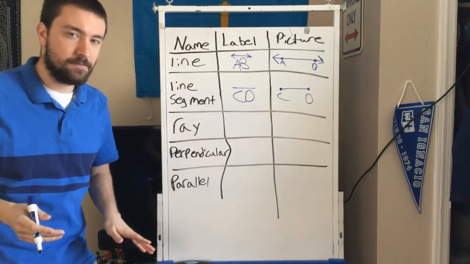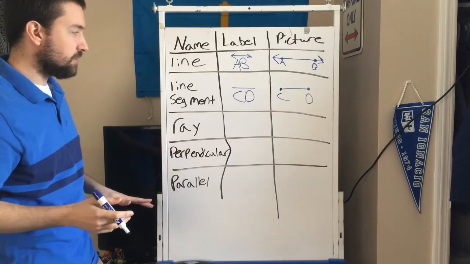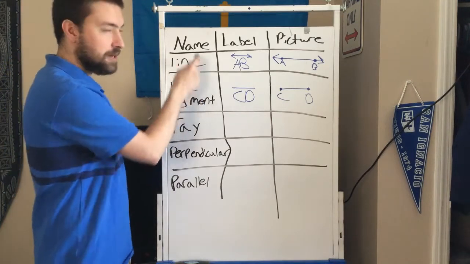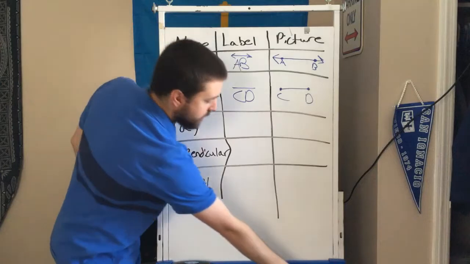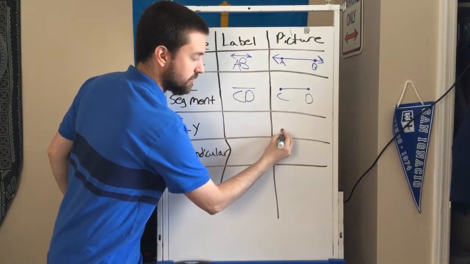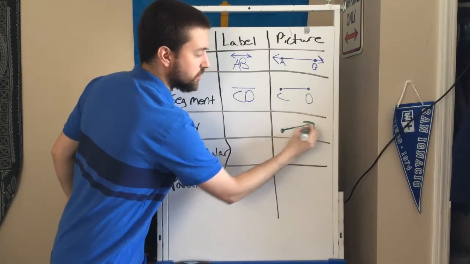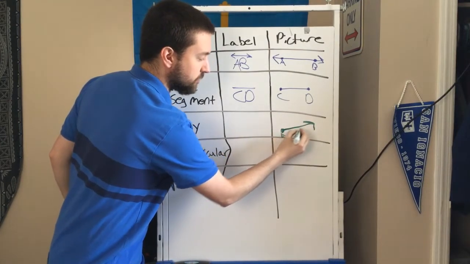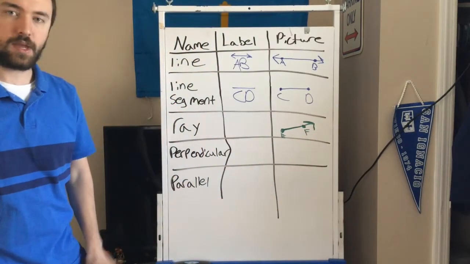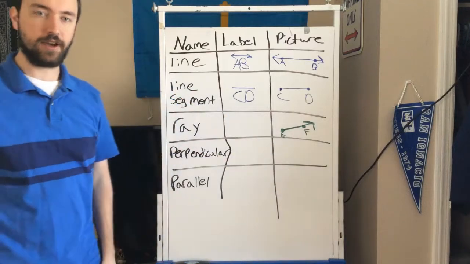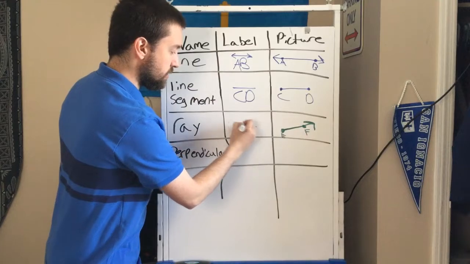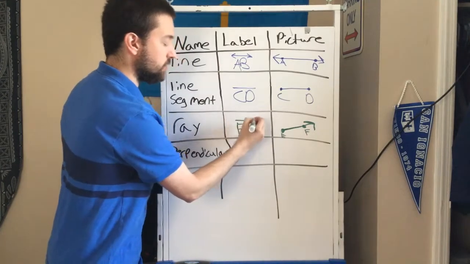Now a ray is a little crazy in itself as well, because it really kind of combines the first two. A ray starts at a point, but then goes on forever. So we'll say this line starts at point E, passes through point F, but it goes on forever and ever and ever. To label a ray, it looks something like this.